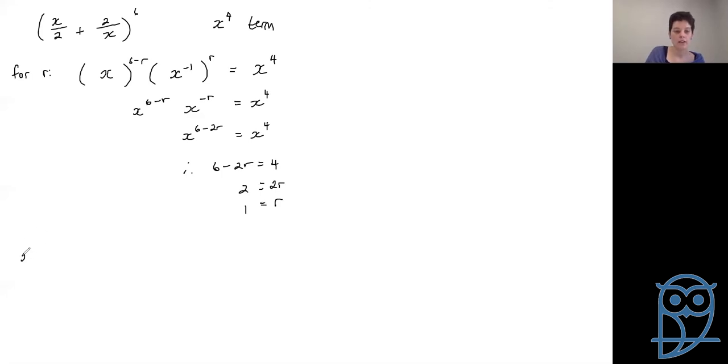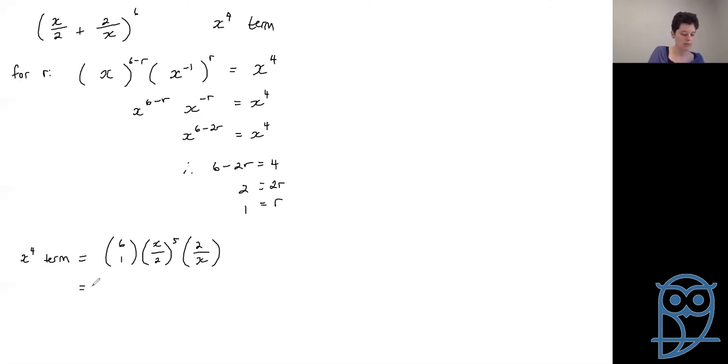So then for our x to the 4 term, it's just a case of 6, 1. x over 2 to the 5, 2 over x to the 1. So we don't usually bother writing the 1.